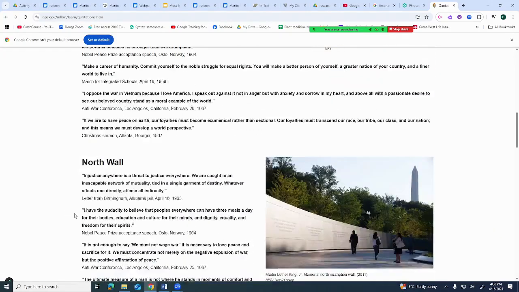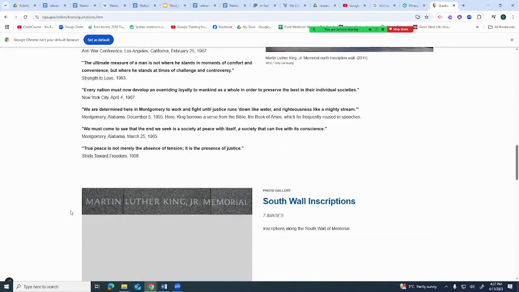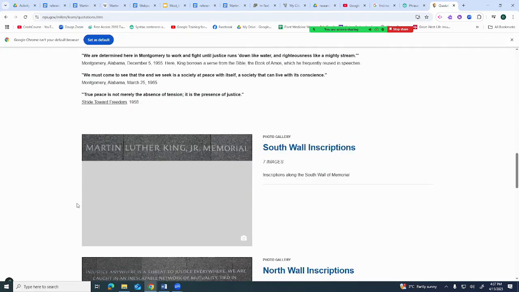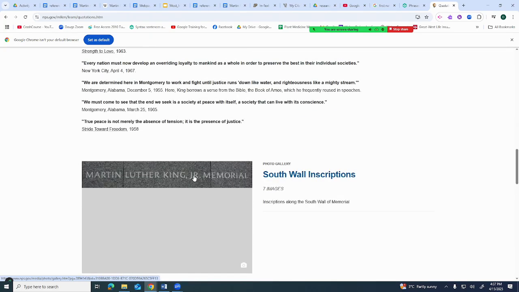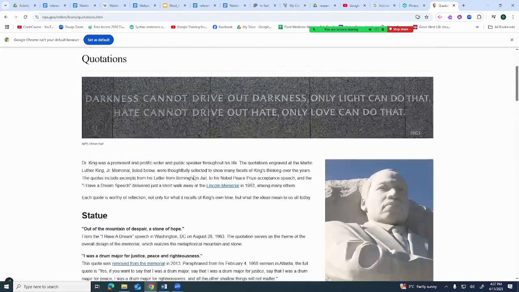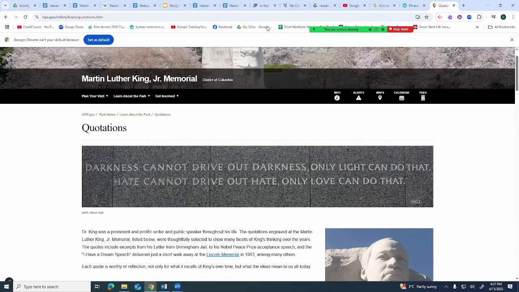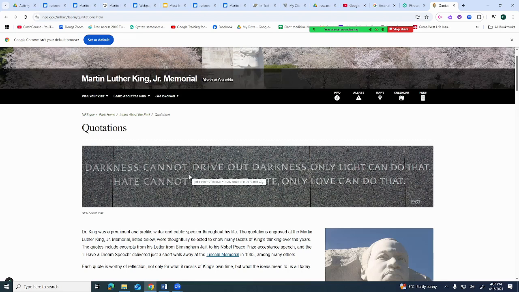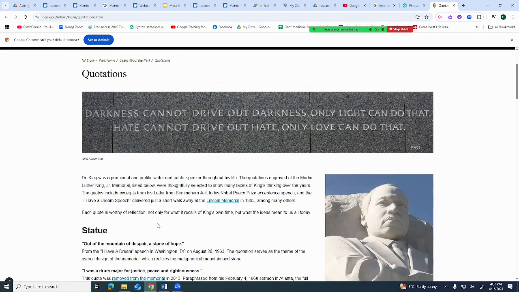Okay, so there's a lot of really good quotations here. What you have to do is scan through them and see, oh, these are actually on the wall inscriptions at the Martin Luther King Jr. Memorial, which must be in, let's see, it's in the District of Columbia, so that's DC, Washington. "Darkness cannot drive out darkness, only light can do that. Hate cannot drive out hate, only love can do that."